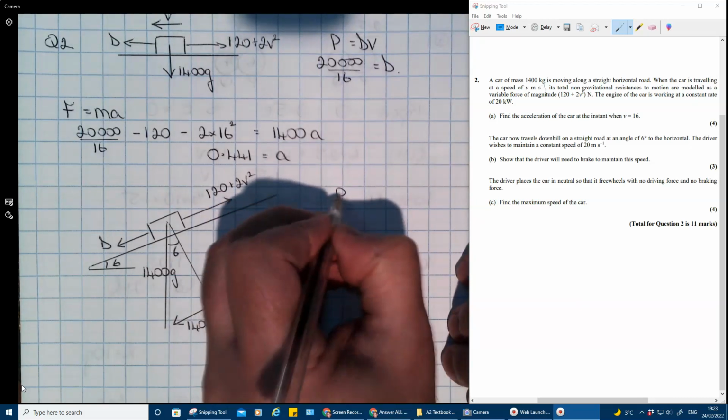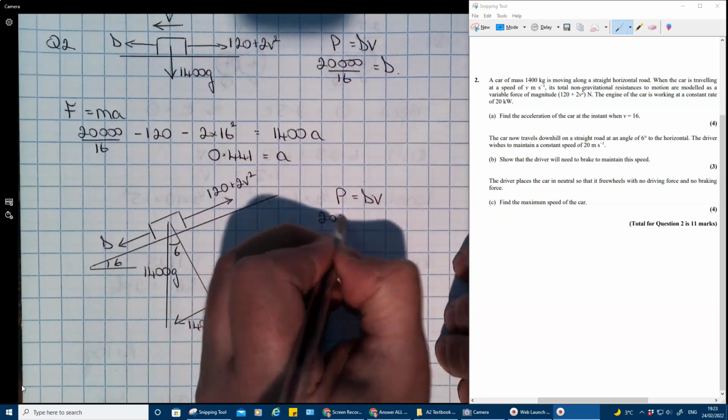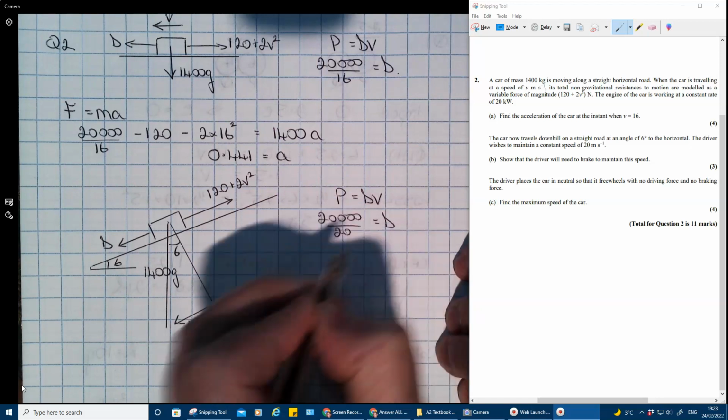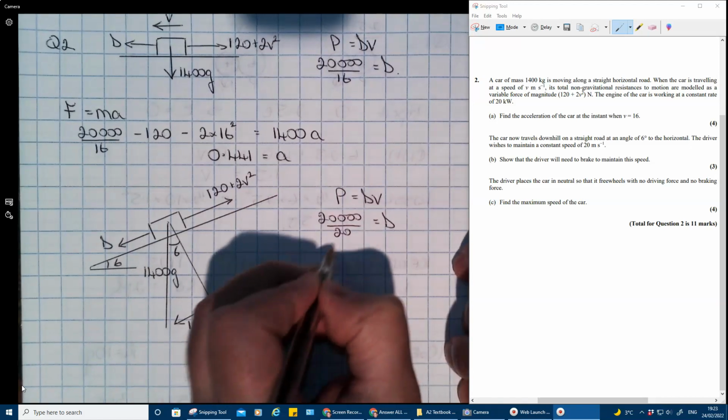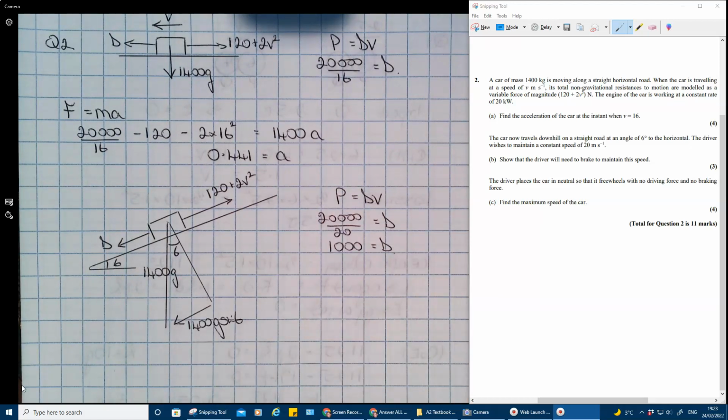So again, P equals Fv, 20,000 over 20 equals F. So this time 1,000 is the driving force.